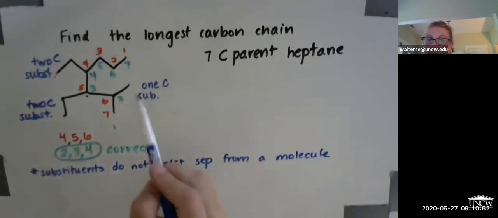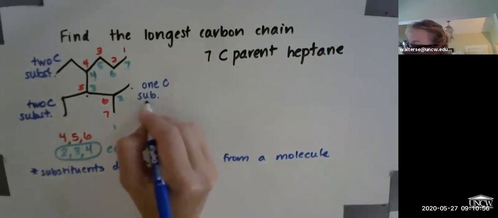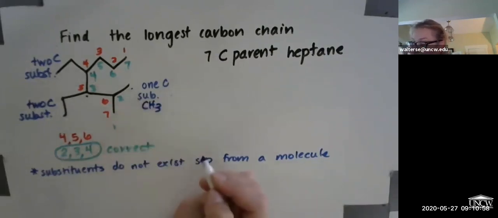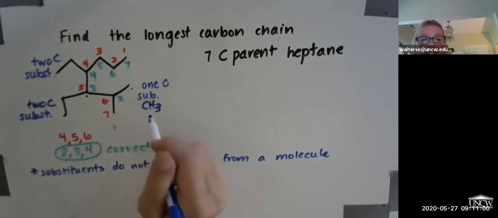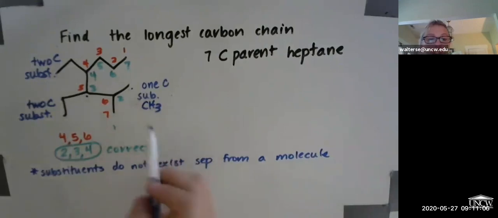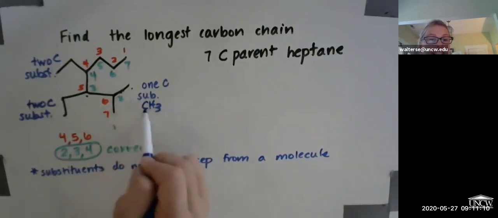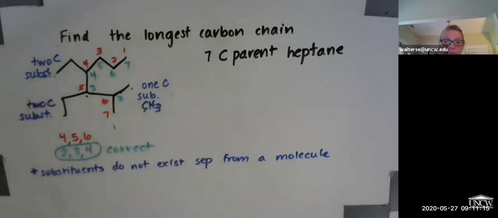So this group up here, our 1 carbon substituent, is just a CH3. CH3 isn't a molecule because a CH3 only has carbon making 3 bonds. So this bond is required for this thing to exist. You can't just have a CH3 floating around.